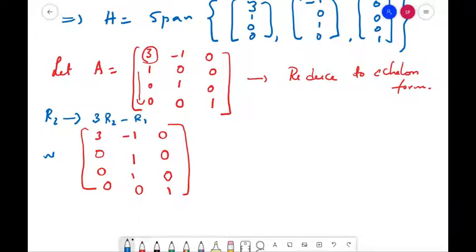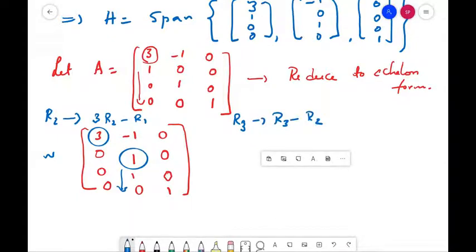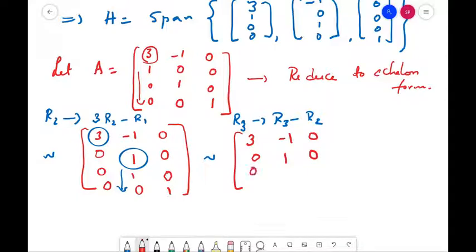Now again let us mark the pivot positions. This is a pivot and this is a pivot. Using this, you have to make this 0. So the next transformation is R3 goes to R3 minus R2. This will be transformed to 3, minus 1, 0, 0, 1, 0, and then 0, 1, minus 1, 0, 0, and there is no need to change anything here: 0, 0, 1.